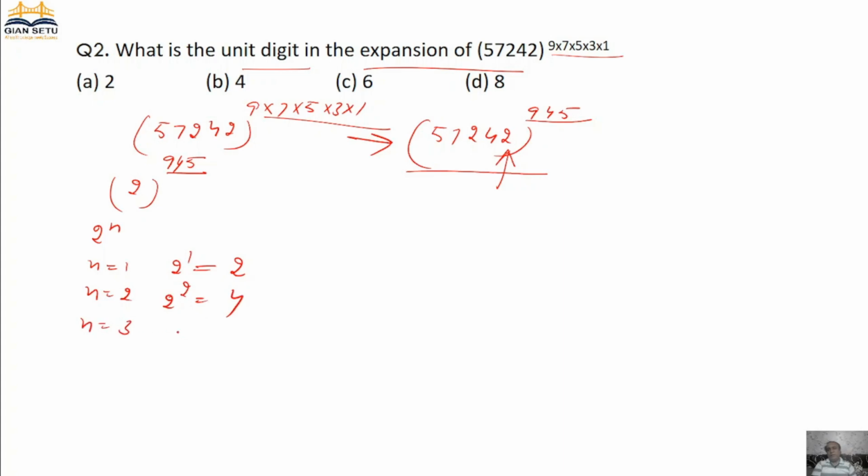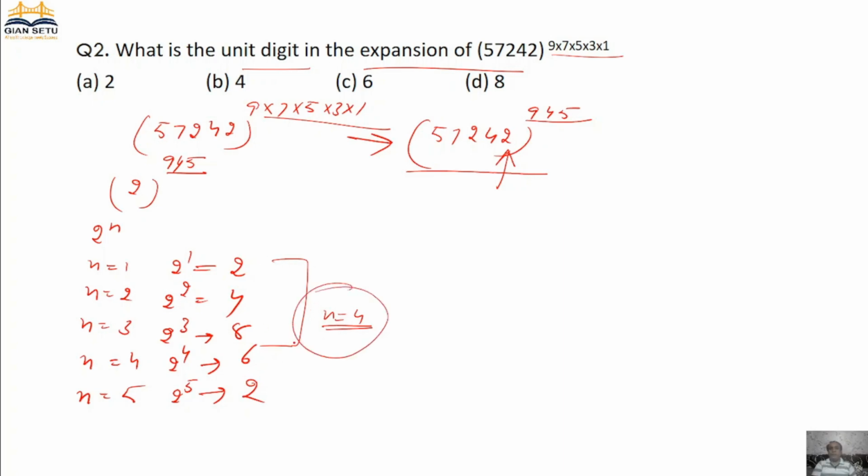Similarly, when n is equal to 3, unit digit will be 8, and when n is equal to 4, units digit will be 6, and when n is equal to 5, units digit will be 2. Now we see here that after n is equal to 4, units digit starts repeating. Now here we can say that cyclic pattern of 2 raised to power n is 4.